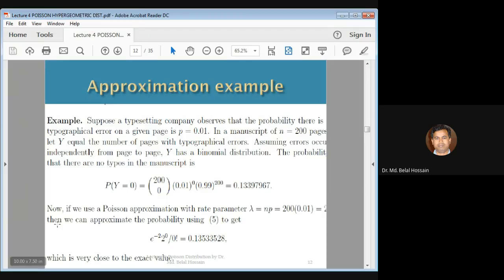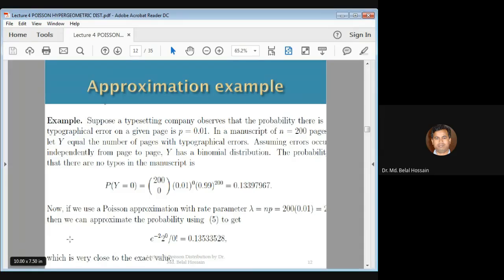Now if you use a Poisson approximation with rate parameter lambda equals np, n is 200, p is 0.01, so it will produce 2, right? 200 into 0.01 is 2.